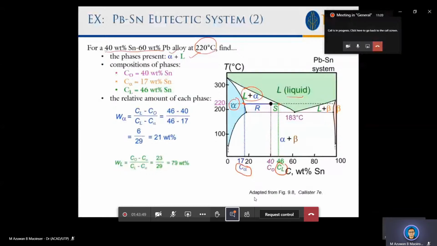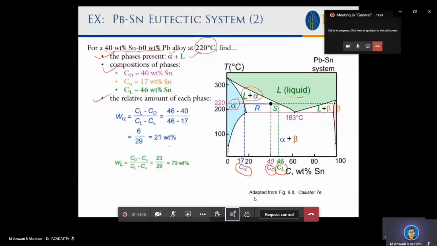Right now, my tie line is a lot shorter. I still label it R and S. This is the point of interest, you are at 40% stannum. All right, so the composition of alpha is 17. You can just read from the tie line here, and the composition of the liquid is 46% of stannum. Done. Okay, amount, easy, lever rule.